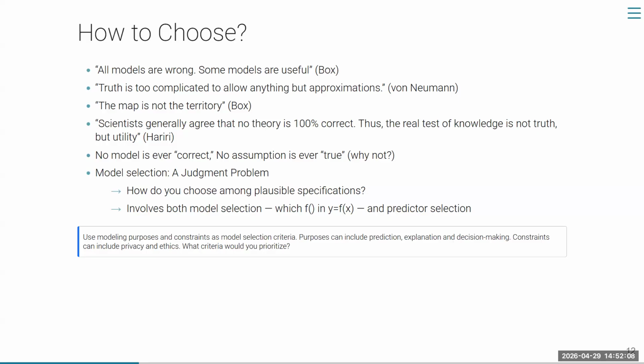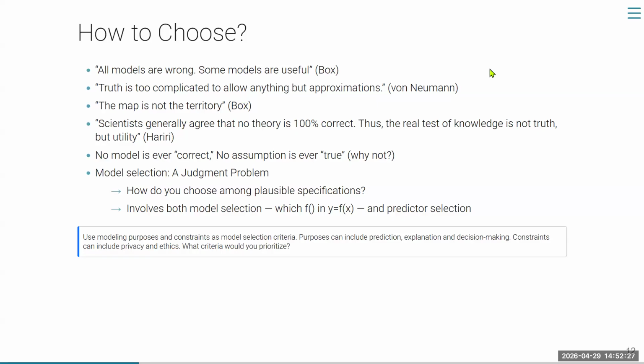And it's usually not something we can prove that we did optimally. We're often balancing multiple competing criteria when we make the choice of what model we're going to estimate.